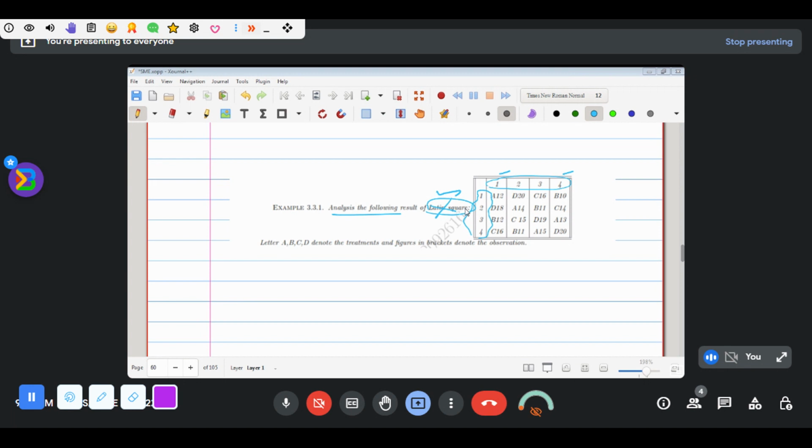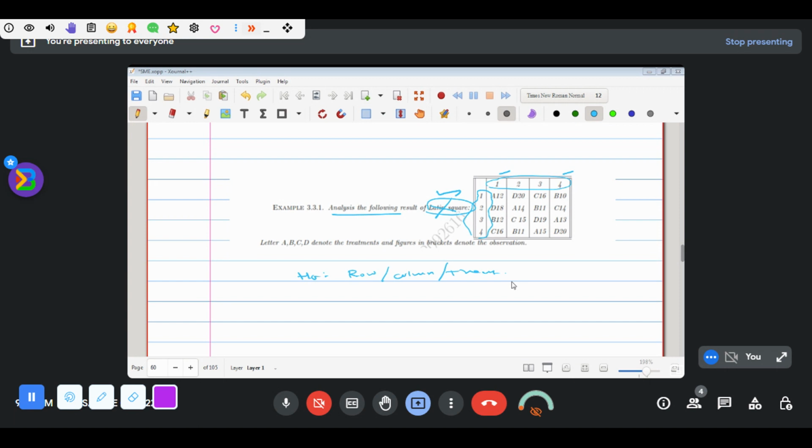First, you write H naught: there is no significance between row-wise, column-wise, and treatment-wise calculations in the Latin square.